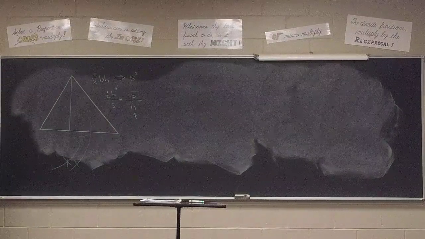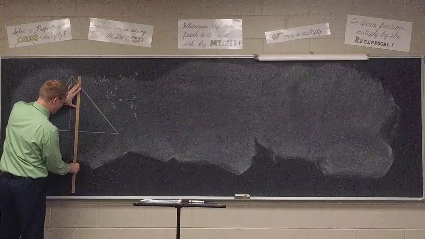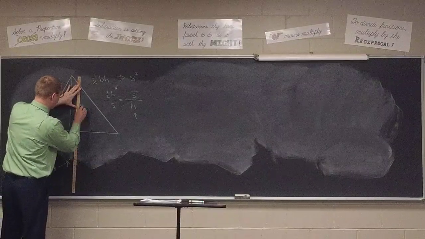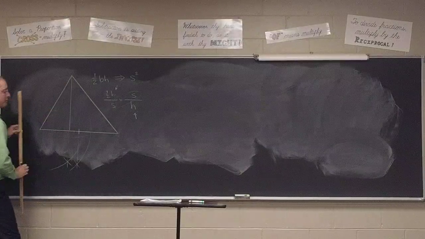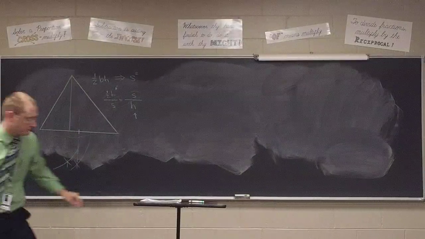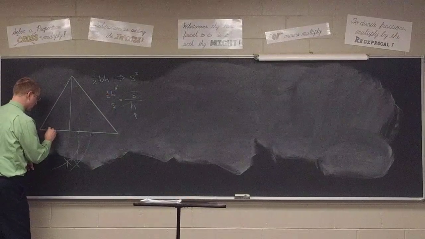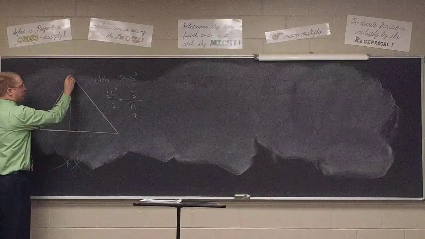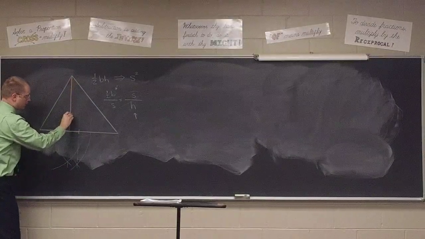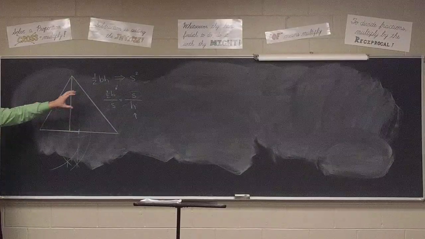And we connect the dots. We don't want to get this line confused with the altitude. This is certainly not the altitude, but it does show me where half the base is. So I needed to know half base, that's right there, and altitude, right here. Those are the two things I needed to make the proportion happen.